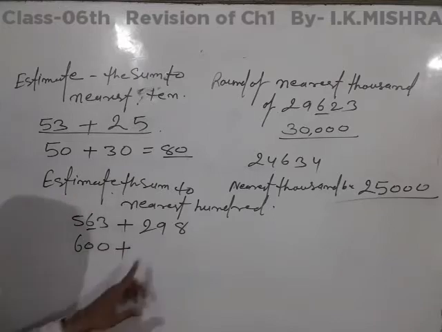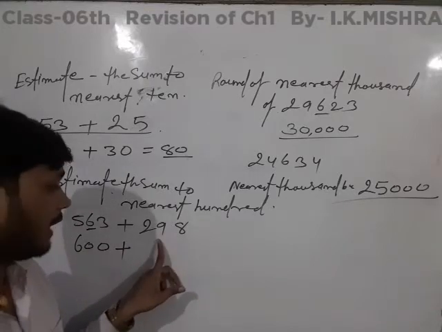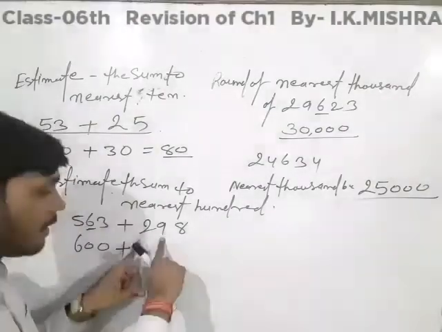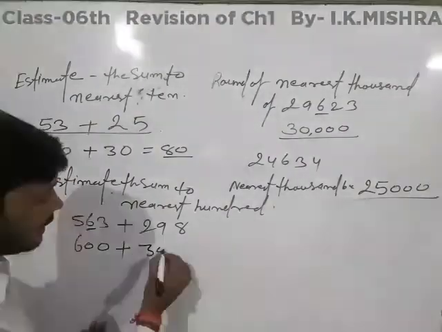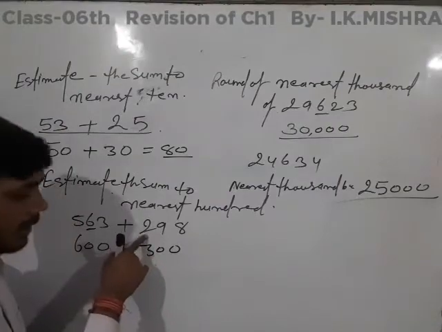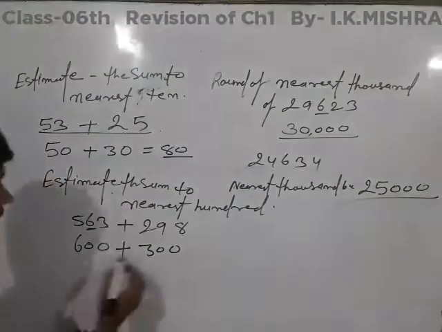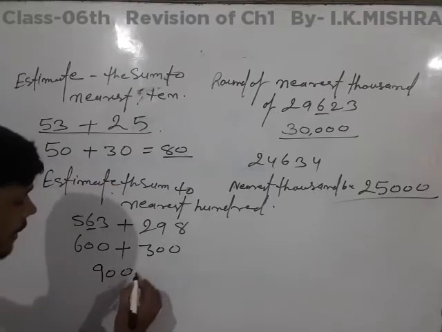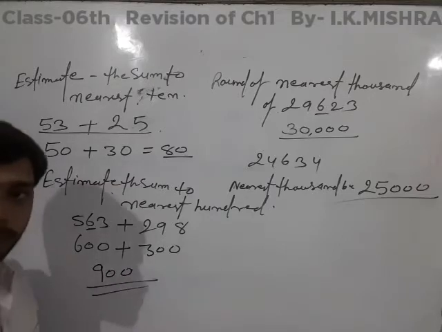And plus, observe also the tens place, the tens place is 9, then its nearest 100 will be 300, with 1 increased in the 100 place. So the sum becomes 900, so that is the answer.